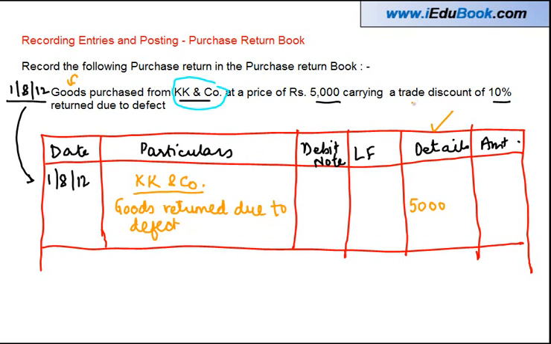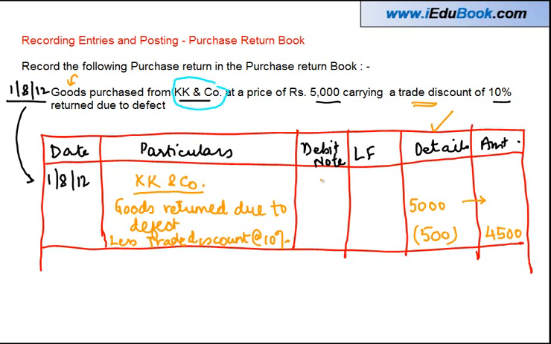Why? Because we have a trade discount also here. If trade discount was not there, then this amount would have come straight away in the amount column. Less trade discount at the rate of 10%, 500, and 4,500 comes in the outer column, right?